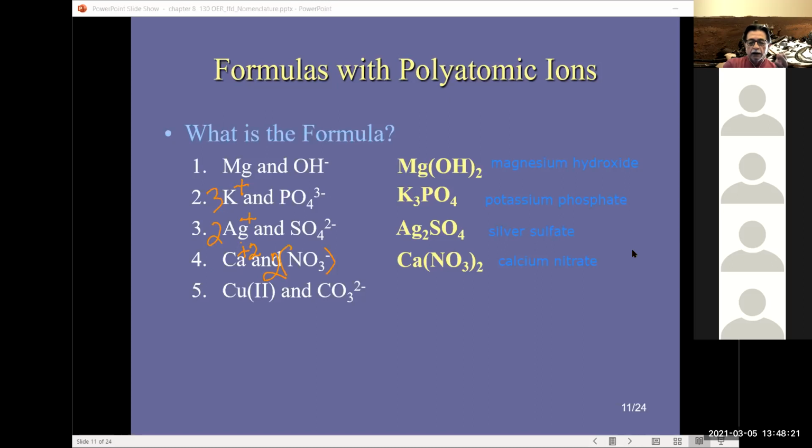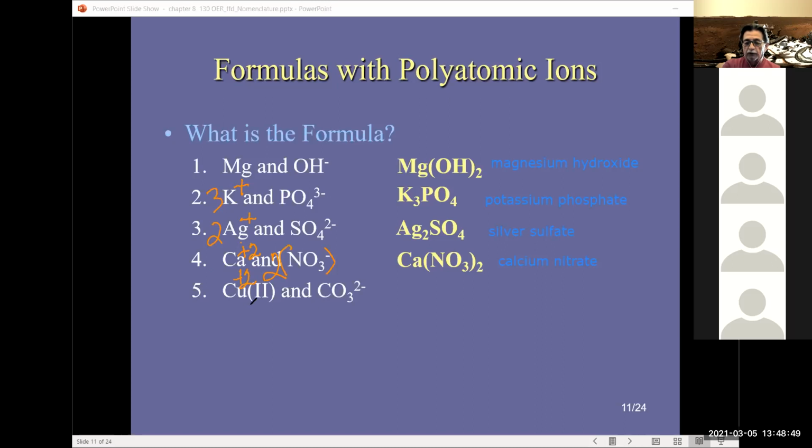All right. We're told which ion we're dealing with, the copper. Roman numeral 2 tells us we are dealing with a +2 copper. CO3 is another polyatomic ion. We find it in the periodic table. That is the carbonate.